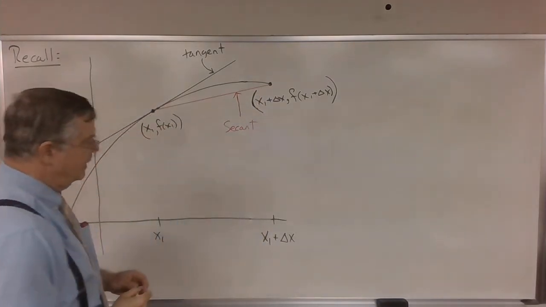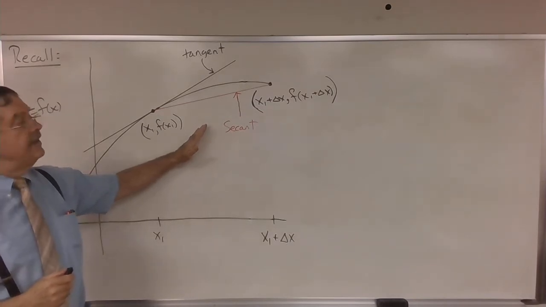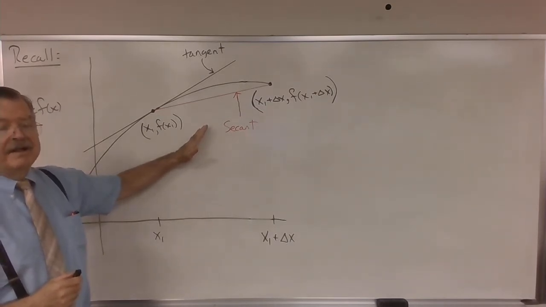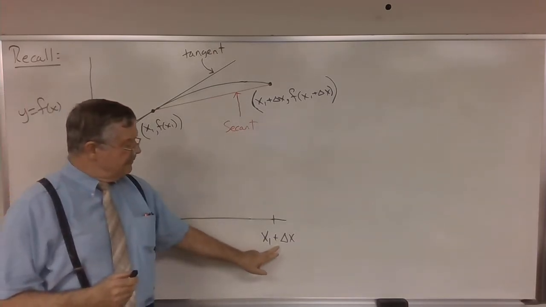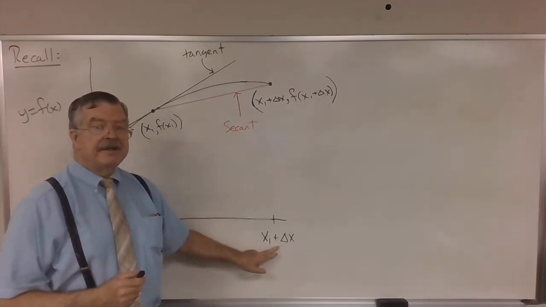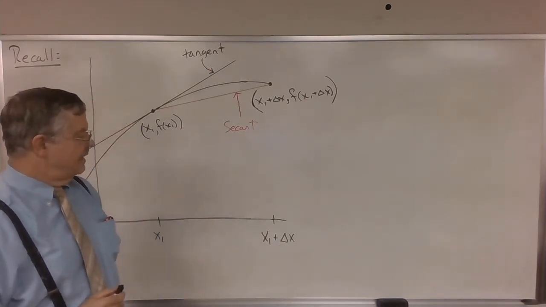Now we've just reformulated everything in terms of x of 1 and delta x. We took x of 2 and expressed it in equivalent form, x of 1 plus delta x.